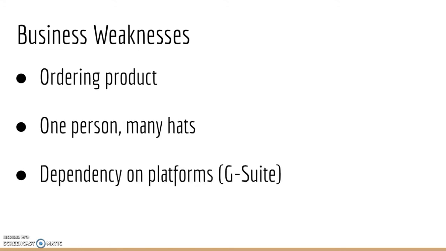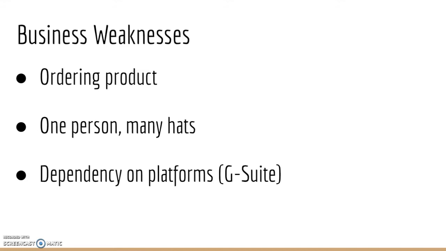Weaknesses. It was hard to find a couple weaknesses, but I definitely was able to. Ordering products could definitely be a place where issues can arise. There could be an outage of a certain color, a certain kind.